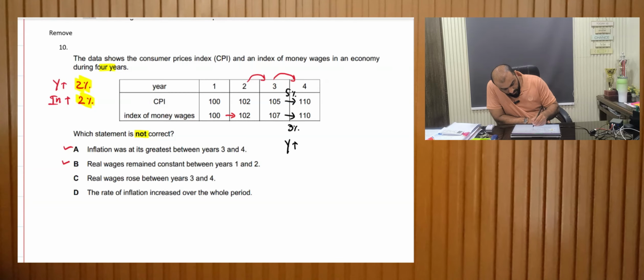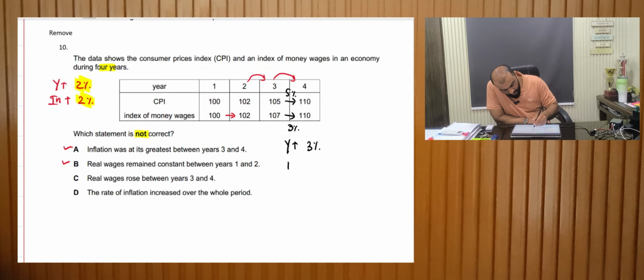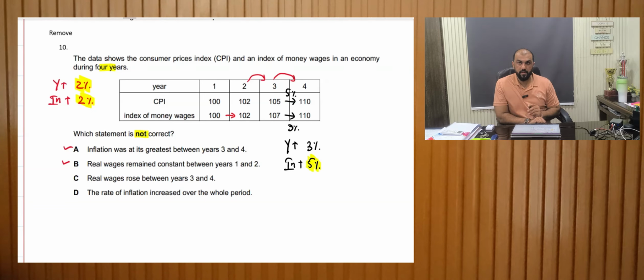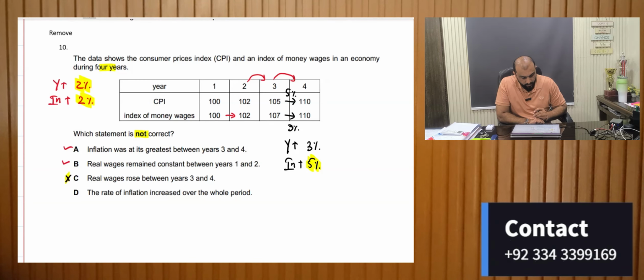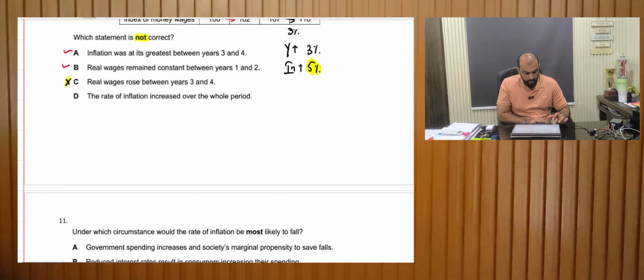So the purchasing power fell by 5% and was compensated by an increase in income of 3%, which means that the real income fell. So it did not increase. So this is incorrect, and we are looking for the incorrect option. Hence, C is the right answer. The rate of inflation increased over the whole period, initially 2%, 3%, and then 5%, which is also correct.